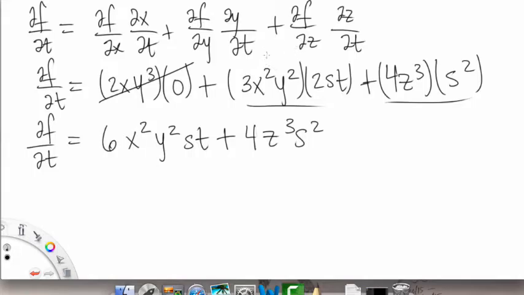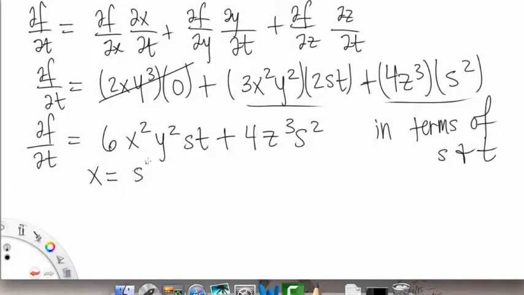So we have a bunch of variables mixing around here. What we're going to do is put everything in terms of s and t. We're going to use the fact that our original equations were x is equal to s squared, y was equal to s times t squared, and z was equal to s squared times t.